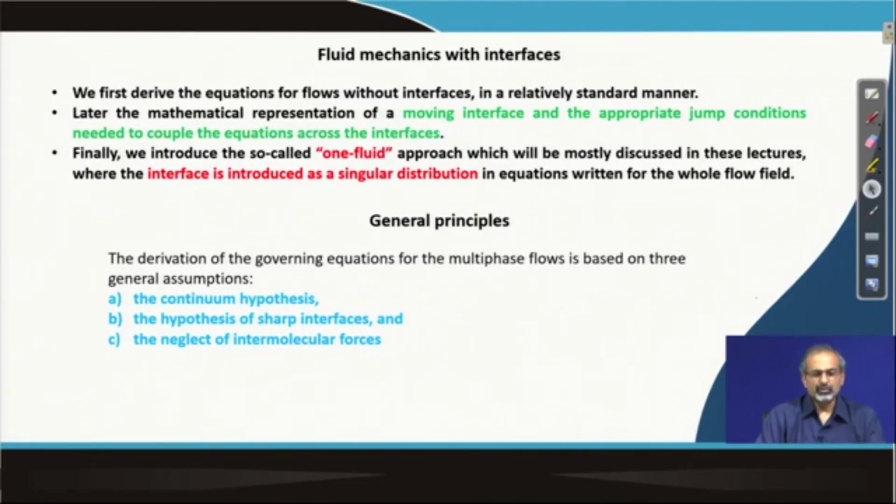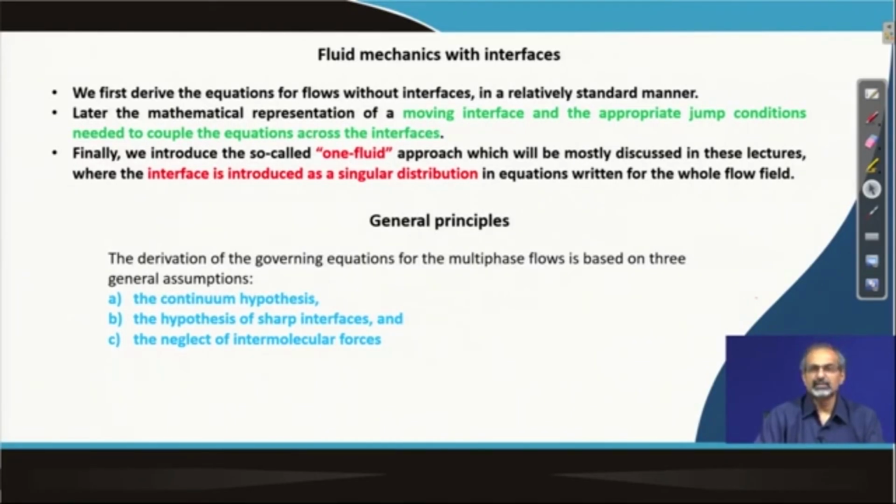And then we would talk later more about a so-called one fluid approach, which will be mostly discussed in the upcoming lectures in this course, where the interface is introduced as a singular distribution in equations written for the whole flow field. Wherever these singular distributions become active, there automatically the interface is accordingly simulated when the computations occur.